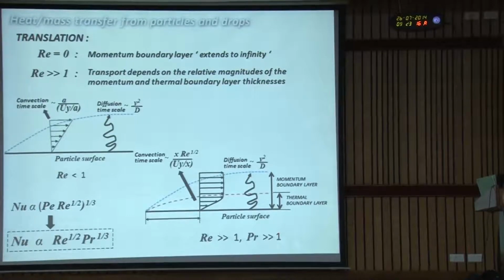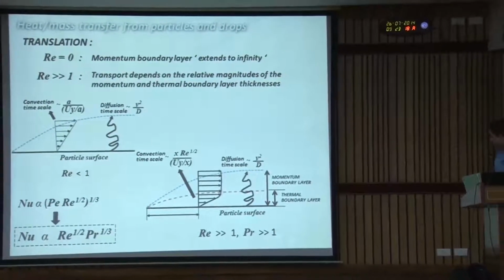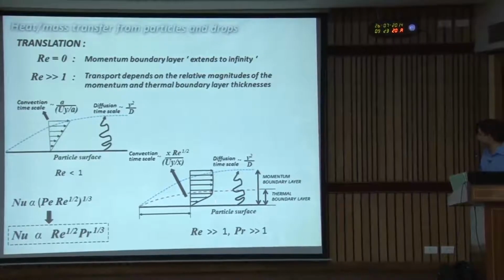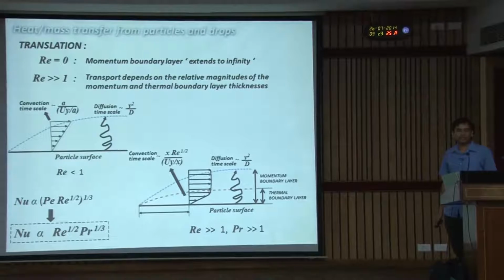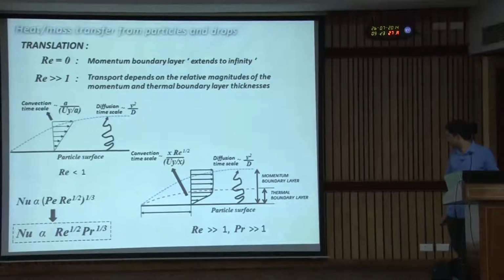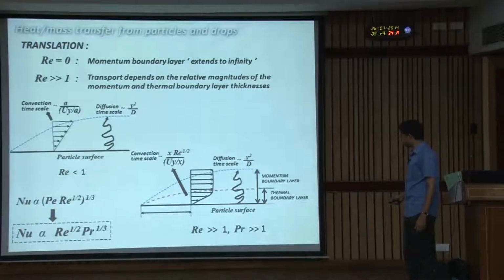Remember, this is when Prandtl is much greater than 1, so the thermal boundary layer is still much thinner than the momentum boundary layer. There is a typo slip. It's Reynolds to the 1/6 if you've taken 1/3 of 1/2.